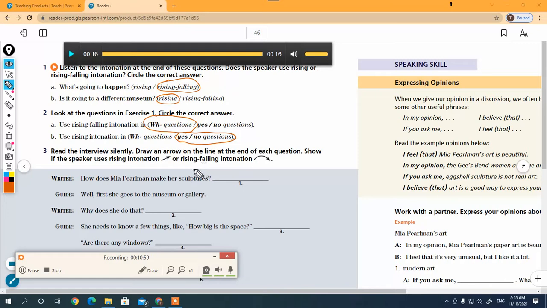So this time we're going to draw the arrow at the end of each question to show if the speaker goes up or down. So we can try to identify what type of question this is. Here's a WH question. Here's a WH question. Here's a WH question.